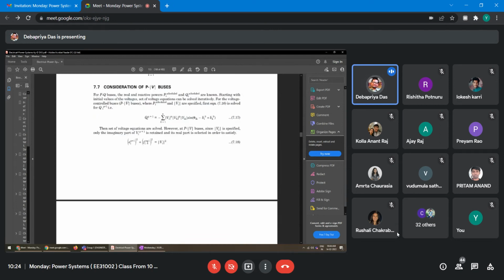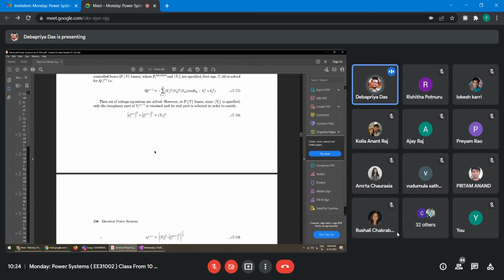This is a question to you. Later, you find out the answer. In the class, on the blackboard, I used to tell many things: whenever you try to solve such kind of problem, one numerical I'll show you, it is solved here. At that time, everything will be transparent to you. The voltage magnitude is specified, but when you are iterating, whatever value you get is not correct, because you have to maintain this voltage magnitude. So you write this square plus this square equal to Vi square.